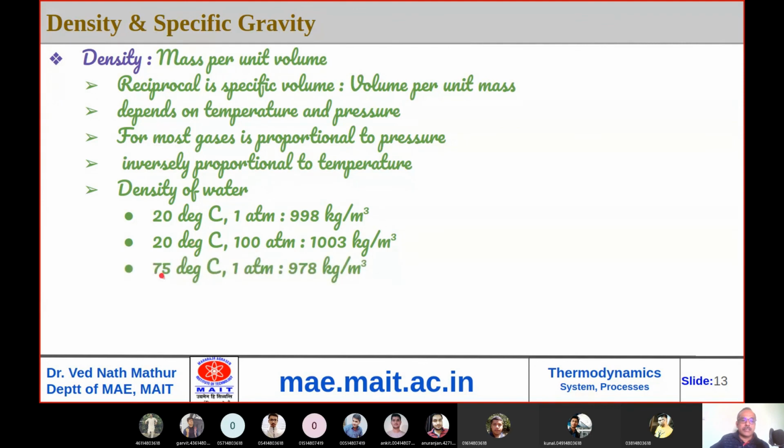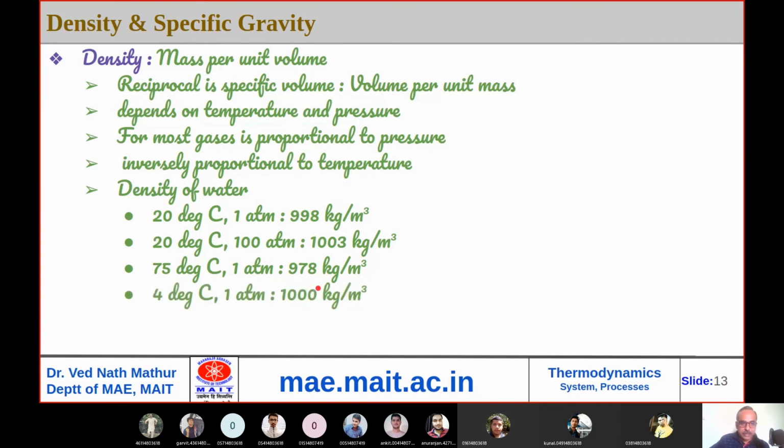From 20 degree to 75 degree centigrade, the density changes from 998 to 978. But the change in density for liquid is not much. We assume liquid to be incompressible. But for gases, density changes. I just said it is proportional to pressure, linearly changes with pressure, and inversely changes with temperature.